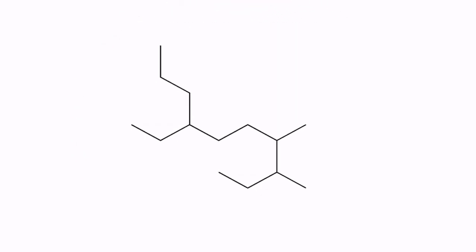A good way to figure out the principal chain, the longest chain, is to look at the branch points. In this structure, I have 1, 2, 3 branch points. So I can look at each branch point and see, if I were to approach that branch point, is one path longer than the other? Does one path have more carbons? So imagine I'm coming from this direction and I would approach this particular branch point.